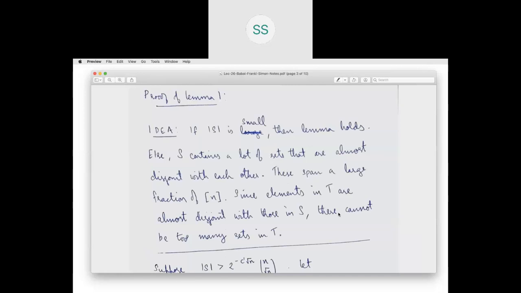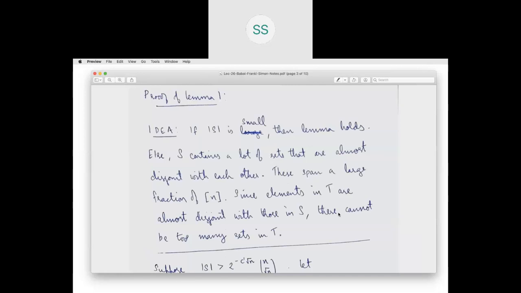The universe is 1, 2, 3, 4 up to n. Since these sets in S span a constant fraction of n, and we know that the elements in T, recall it's a one rectangle, the rectangle which the protocol is going to announce as a one rectangle, the elements in T are almost disjoint with those in S, right?